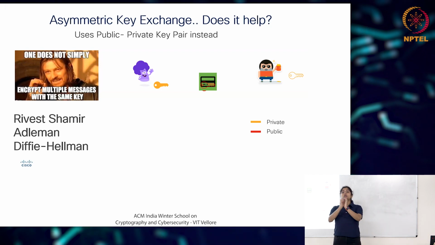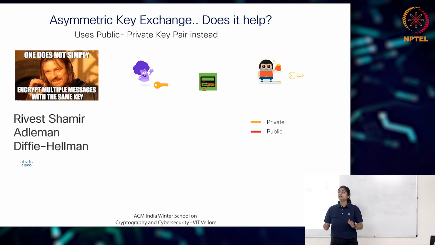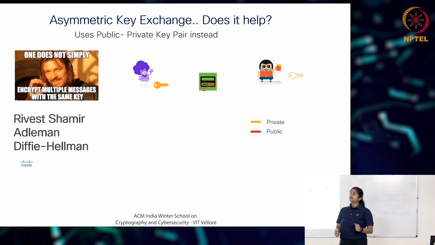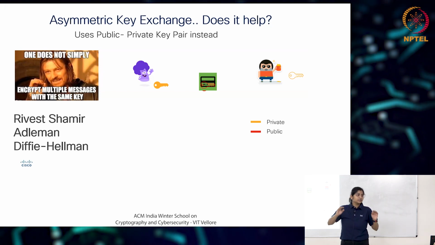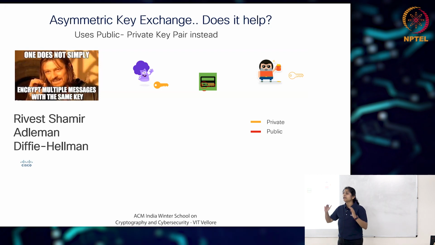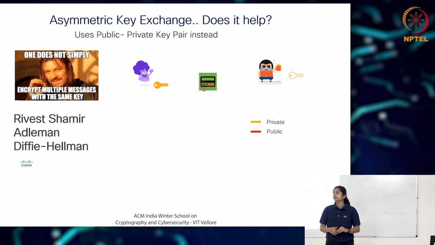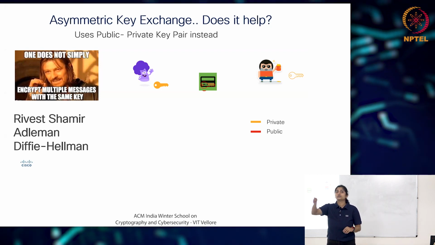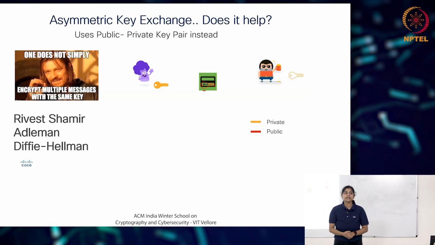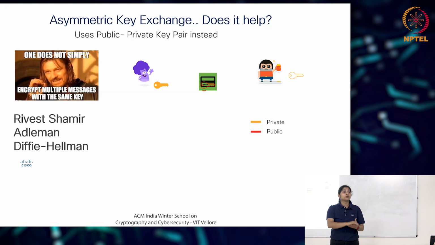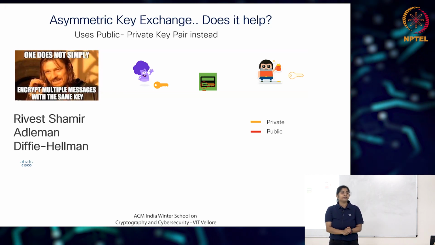Now, if you go to a new website and the website has a certificate that is not issued by any known CA, the certificate authority, so I created my own certificate company and I'm saying I will issue certificates to all of you or any known devices, and you try to go to the website which has my certificate.